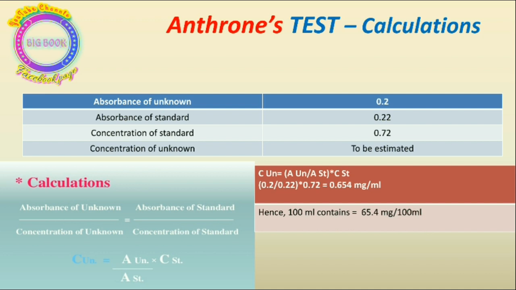So this is the brief explanation of Anthrone's test for estimation of monosaccharides, that is the glucose which we have considered here, and we have given the appropriate result.